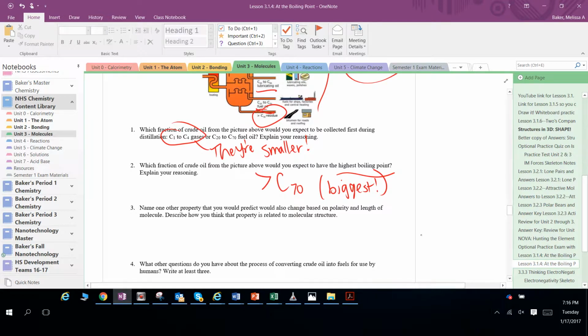So you could say something like the melting point. That's definitely related. In a very similar way, you could say that things that are small are easier to melt than larger molecules.